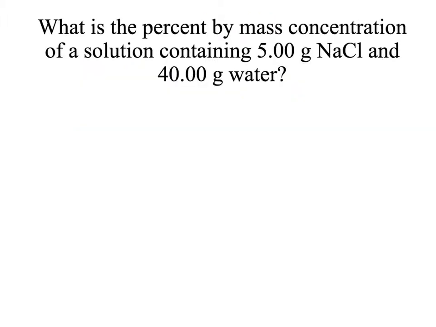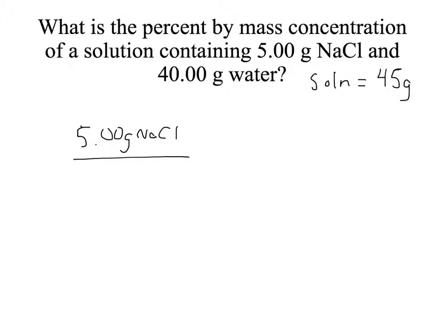Alright, so here's a real life example. Our solution here contains 5 grams of sodium chloride and 40 grams of water. So our total mass of the solution here is going to equal 45 grams. Okay, so let's do our percent mass concentration here. So we have 5 grams of sodium chloride divided by 45 grams of solution, times 100, of course, can't forget that.